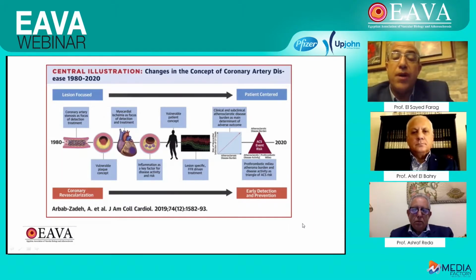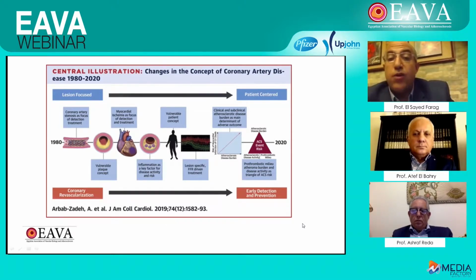Then it passed through the myocardial ischemia focus for detection and treatment with several modalities and drugs for treatment of symptoms and also the outcome. And then in recent years, a very important station, the concept of inflammation as a key factor for disease activity and risk.